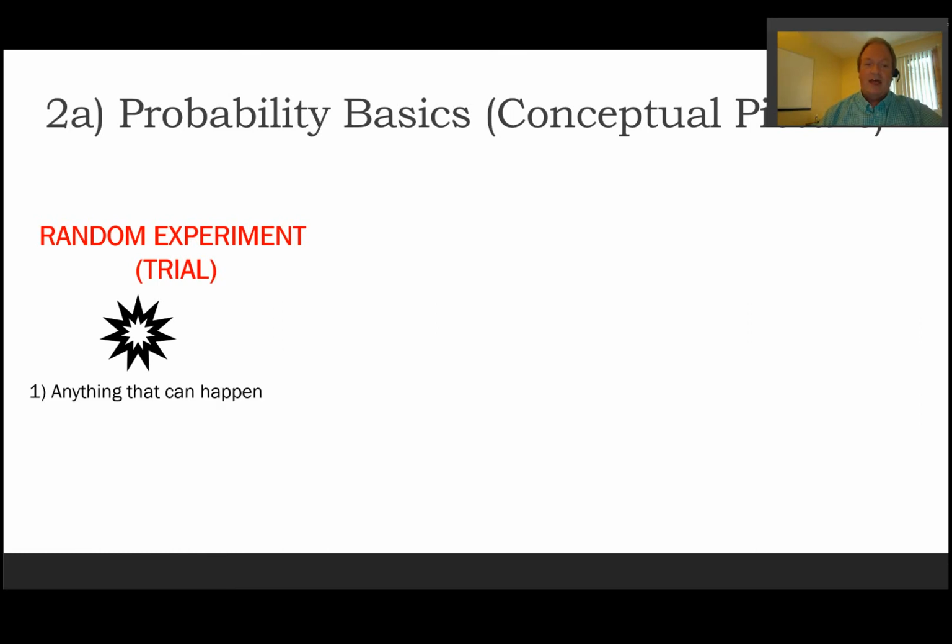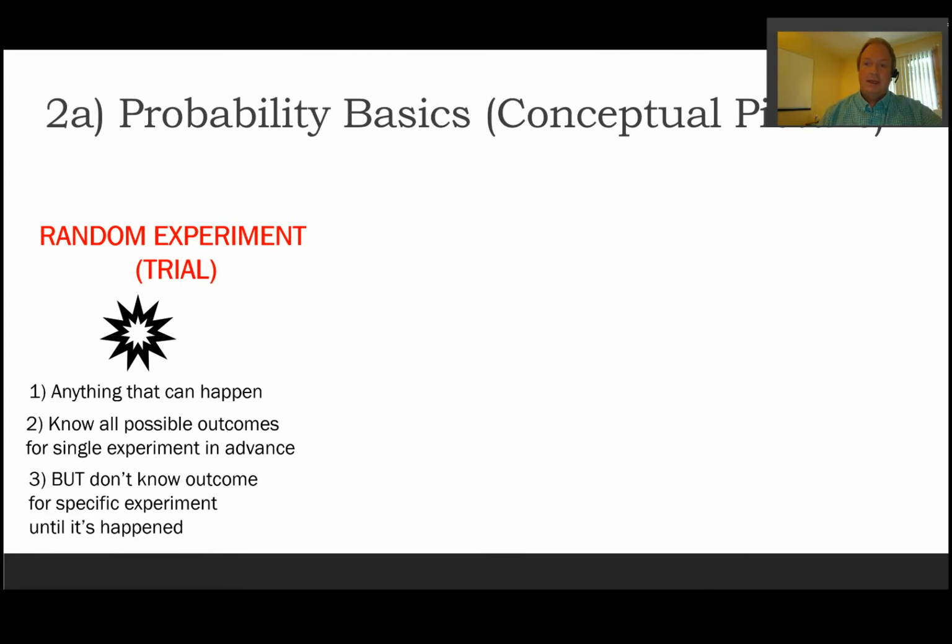The first is that it's anything that can happen. Well, that's very general. But we have to know all the possible outcomes that could occur in a single experiment in advance. However, if we're actually considering a specific experiment, we cannot know its outcome before we perform the experiment.